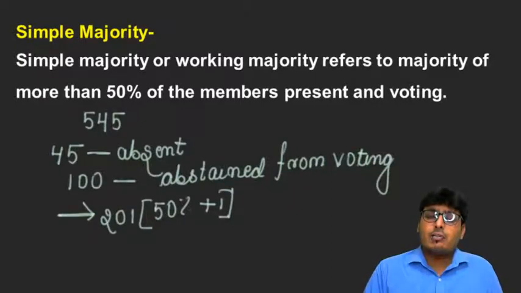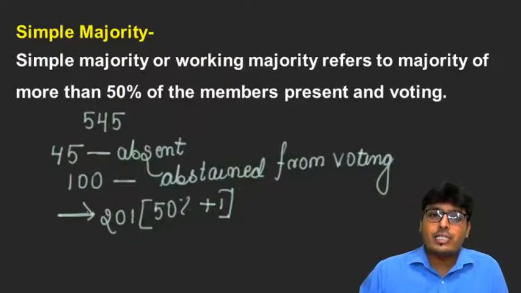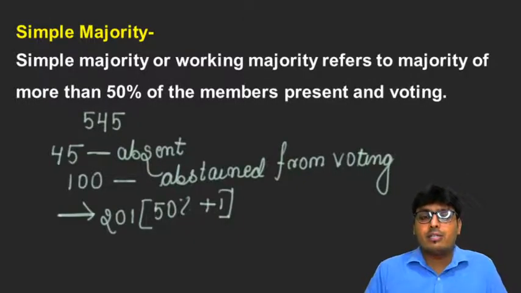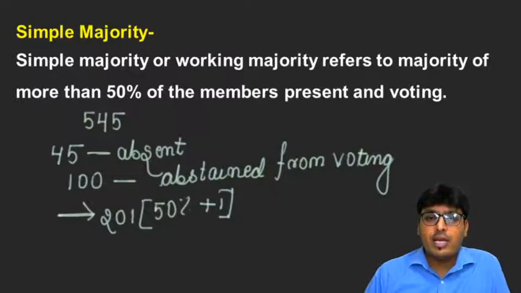Now, where can we use simple majority? Suppose in order to pass ordinary bills, money bills, finance bills, and also election of speaker, deputy speaker of Lok Sabha and state legislature.